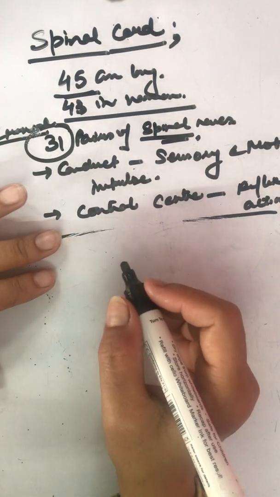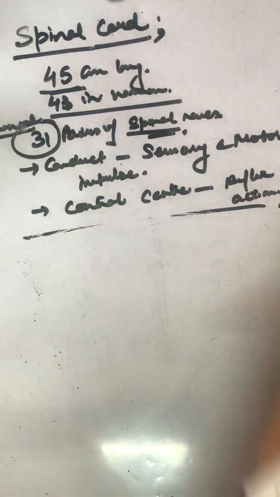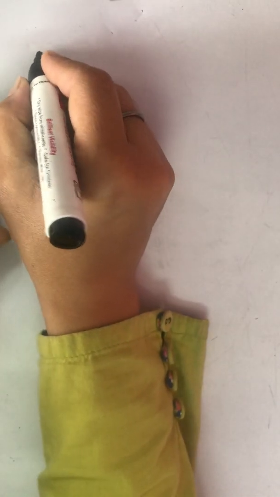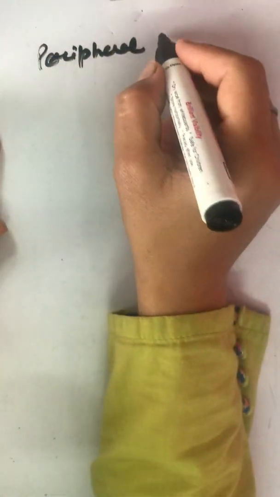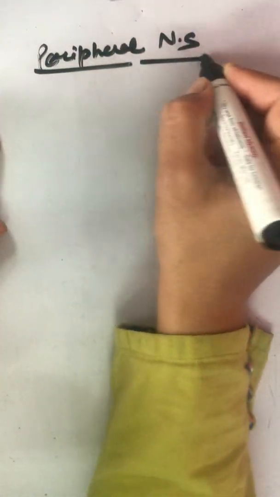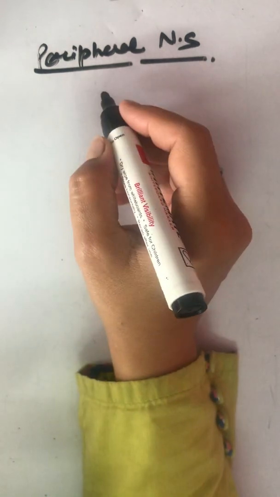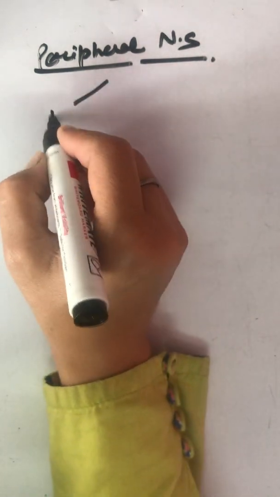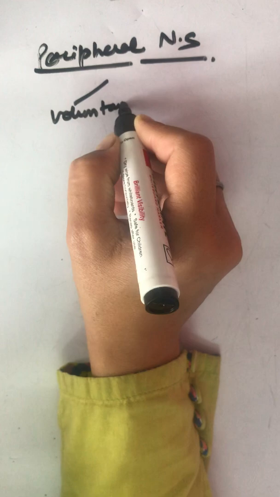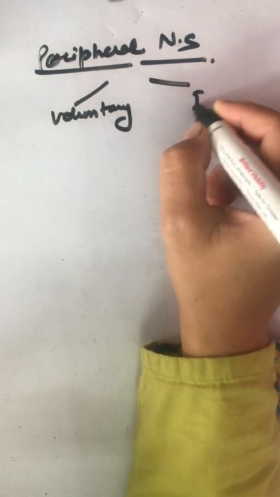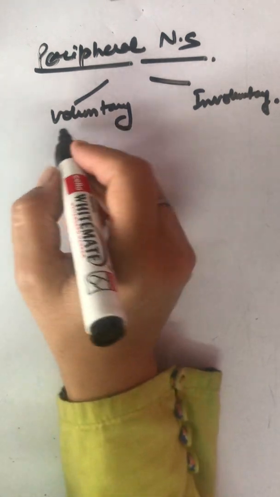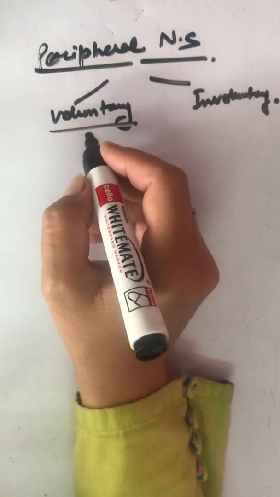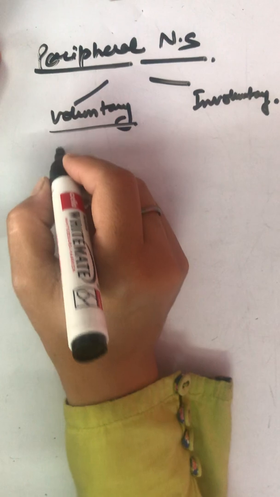Moving to this, we see the peripheral nervous system. Peripheral has two components, voluntary and involuntary. Voluntary means which is under our control, the control of will.